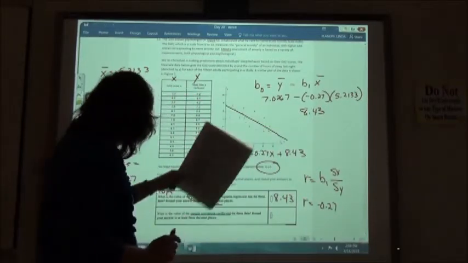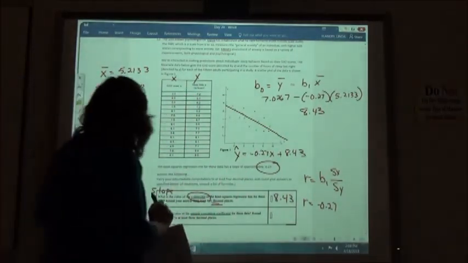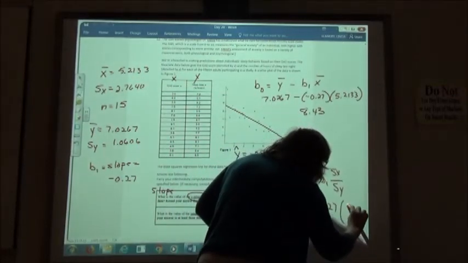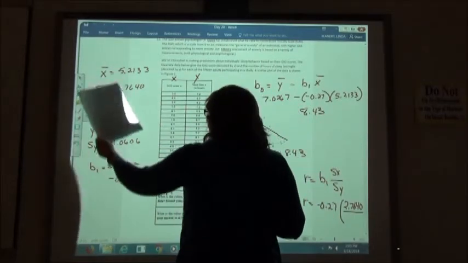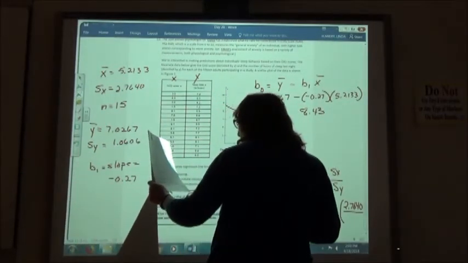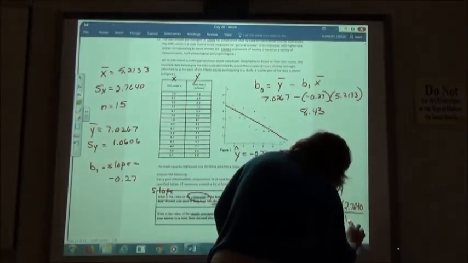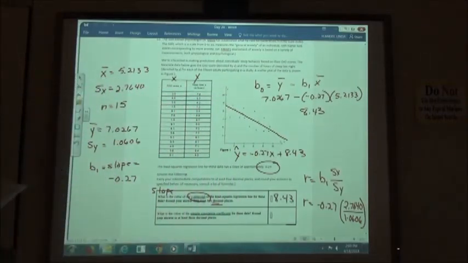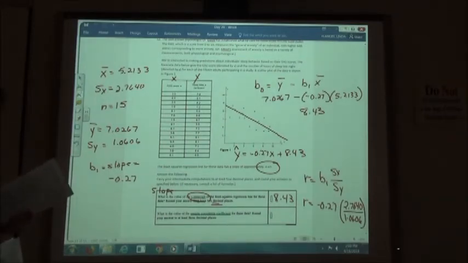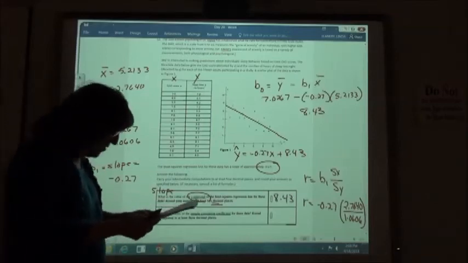This one formula has the standard deviation of X on the top, 2.7640. And it has standard deviation of Y on the bottom, 1.0606. And so, a lot easier to find your R value if you know that information from your equation instead of having to use that gigantic formula we used on the first problem.